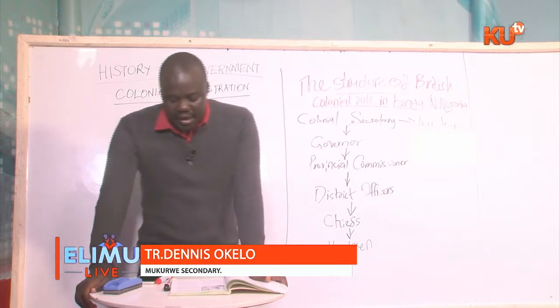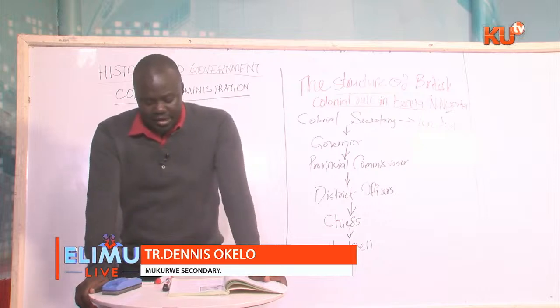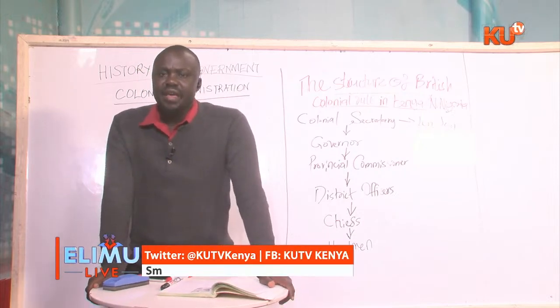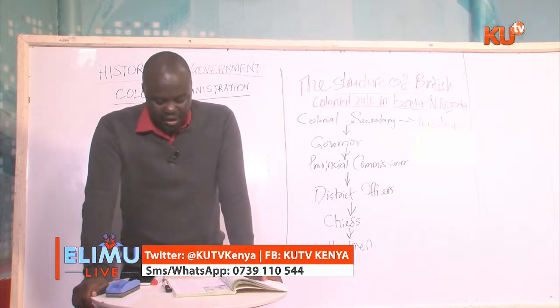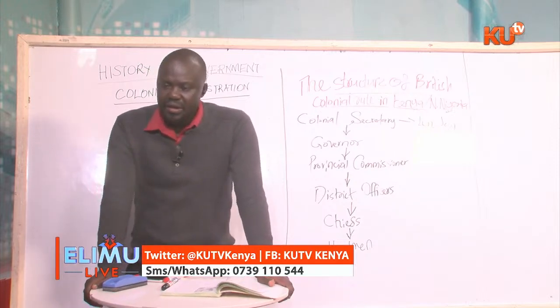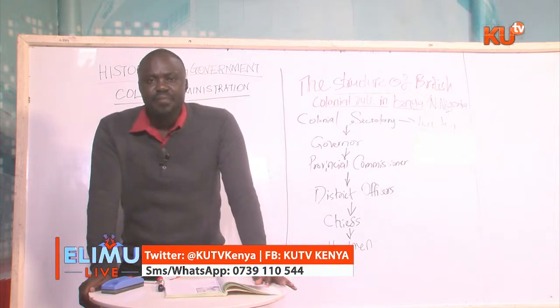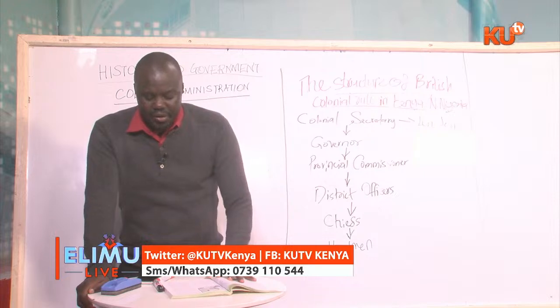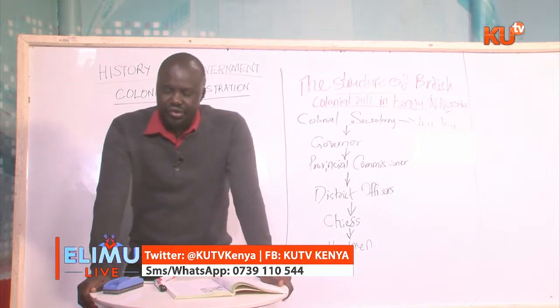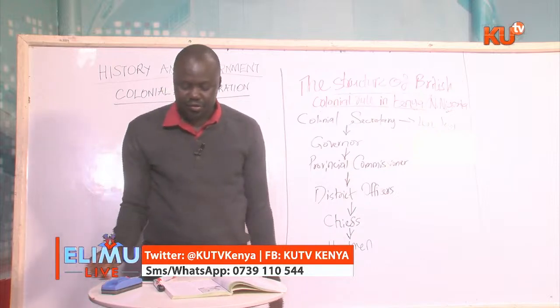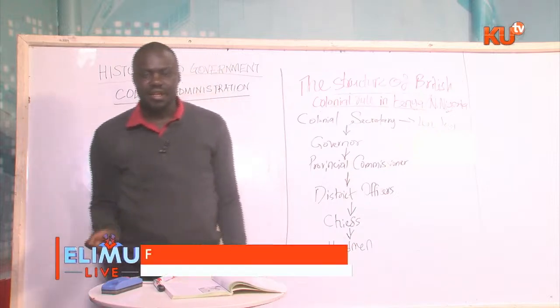Again, under the application of indirect rule, there were changes that were made to the old system that the emirs or the caliphates used to have in Nigeria. Number one, the Fulani, who are predominantly the major tribe in the northern part of Nigeria, their system of taxation, which was complicated, was replaced by a single tax that was levied on each village.